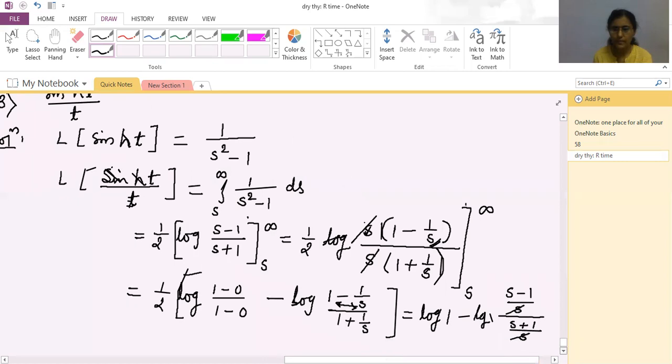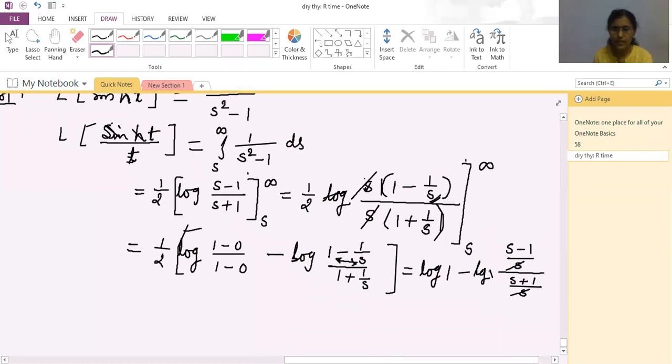So we can write this as, we know log 1 is 0, so it is 0 minus... I think I left this 1 by 2, so it is 1 by 2 times this thing, so it is 1 by 2 times 0 minus log of (s minus 1) upon (s plus 1).